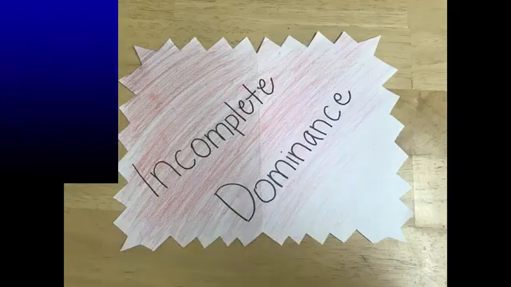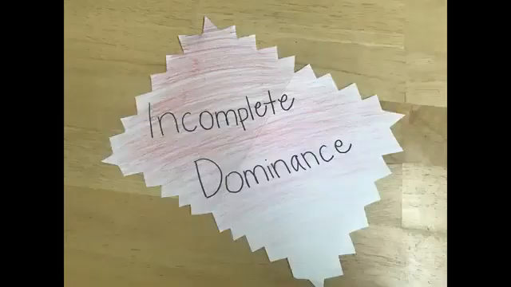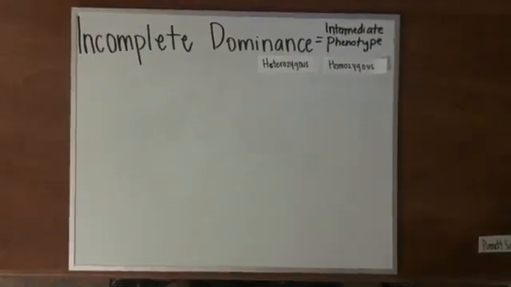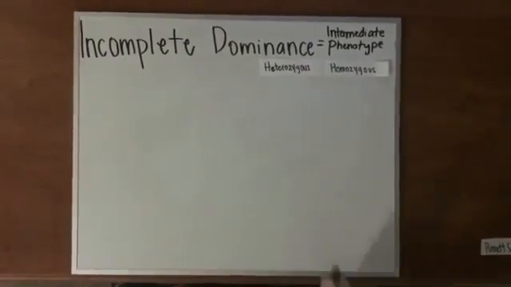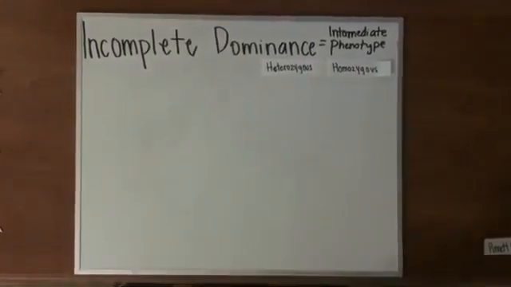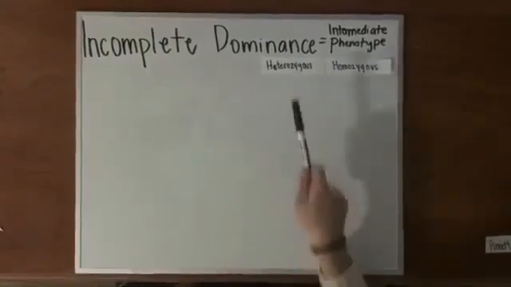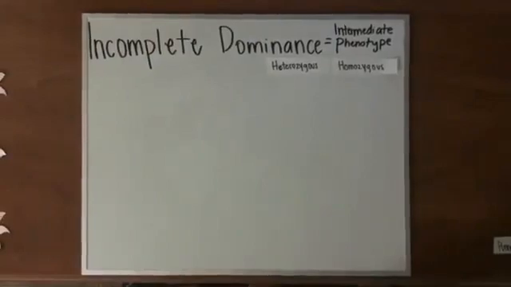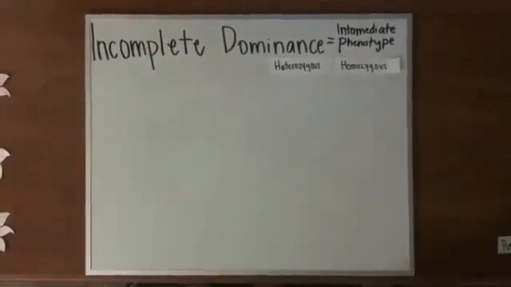Today we are going to learn about incomplete dominance. Incomplete dominance is when the organism that has the heterozygote genotype takes on an intermediate phenotype. In other words, organisms with the heterozygote genotype will present physical appearances that are a mixture of the two traits that could be expressed.